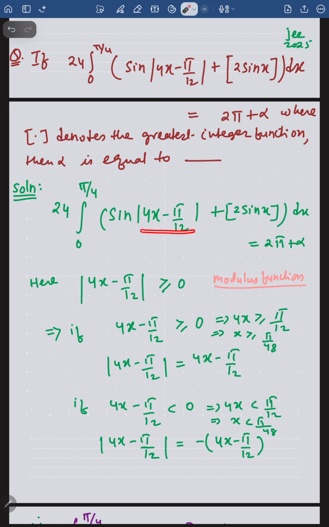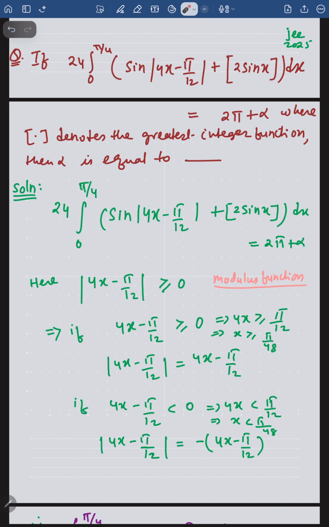First of all, we will consider mod of 4x minus pi by 12. Since it is a modulus function, it will be greater or equal to 0. Now, if 4x minus pi by 12 is greater than or equal to 0, then 4x will be greater or equal to pi by 12, or x will be greater or equal to pi by 48. Then the mod value will have no change, as it is 4x minus pi by 12.